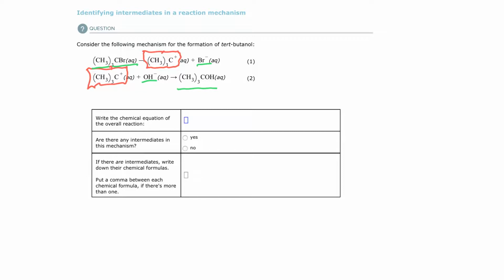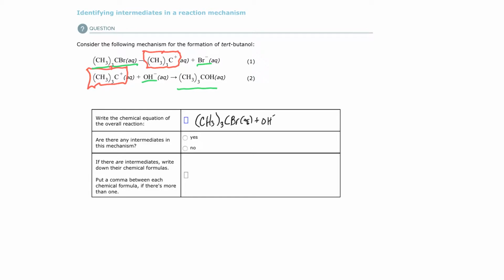It's going to look like (CH3)3CBr, aqueous. Is there anything else on the left? Well, I don't want the (CH3)3C+ because it's going to cancel, but I do see the OH.